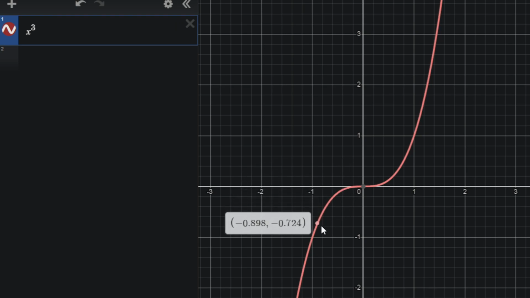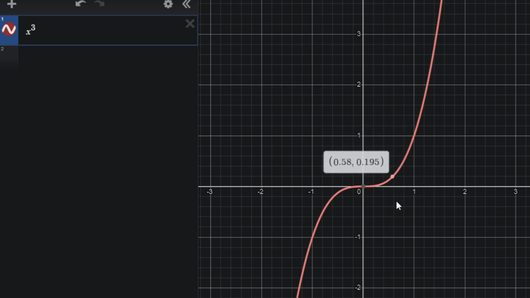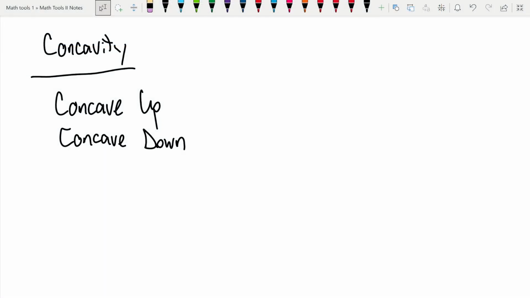So this idea is what we call, on the left, concave down, and on the right, concave up.